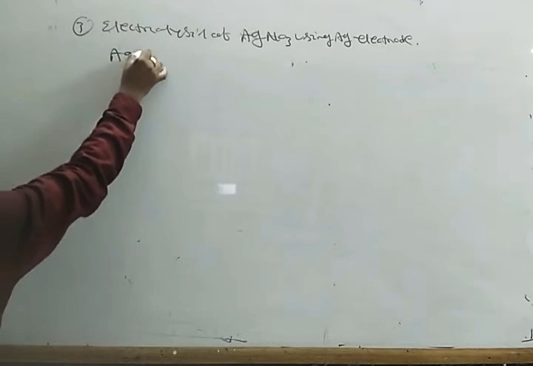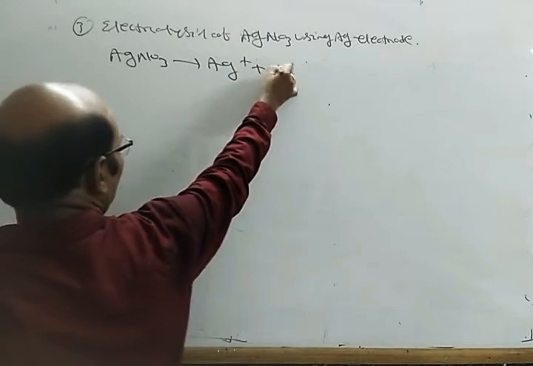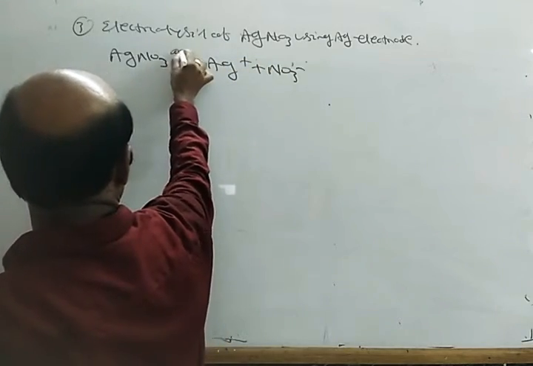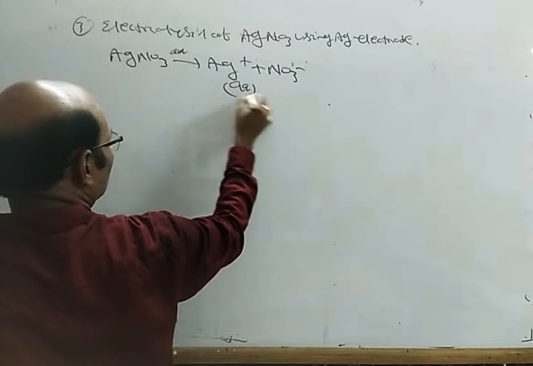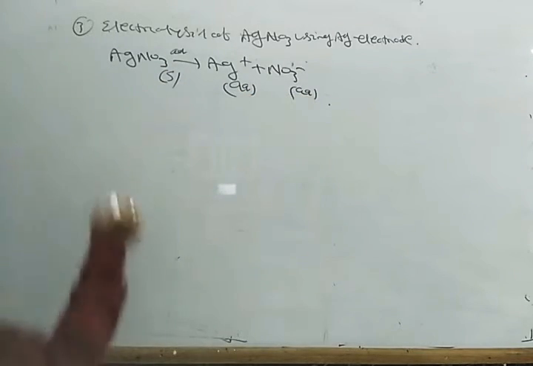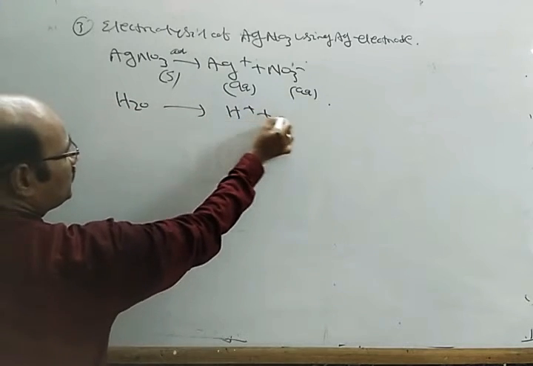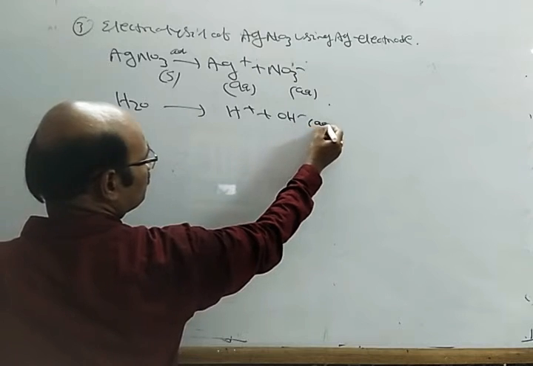AgNO3 will give Ag+ plus NO3- aqueous. Now also we have water, H2O, giving H+ plus OH- aqueous.